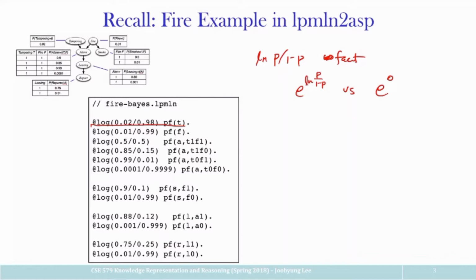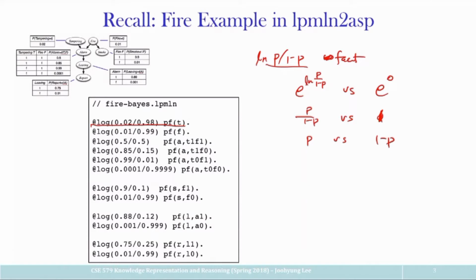So the relative strength is p over 1 minus p versus 1. Now, if you normalize it, this is actually the same as p. So you can use this encoding to say that this fact is true with probability p.